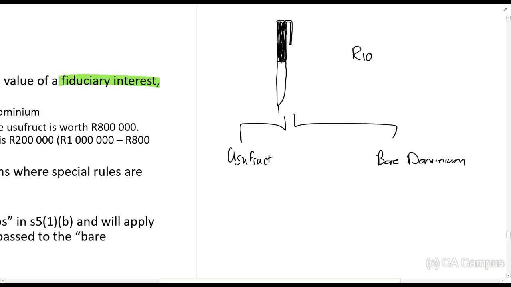Now, very quickly, without going into too much detail, a usufruct is the right to use the pen. So, for example, if I have the usufruct of the pen, I can use the pen, I can write a poem, I can write a story, I can sell it, I can get all the money. The right to use or the right to the fruit of it. The bare dominium is the right to ownership.